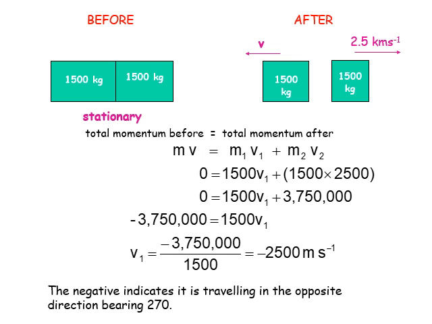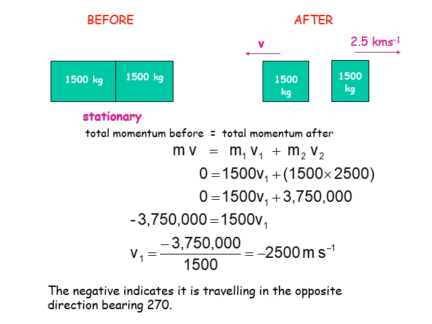And our mass times velocity before will be 0 because it's stationary, because it's at its maximum height and it's not moving horizontally, and therefore we've got 1500 times our velocity plus 1500 times the 2.5 kilometers per second, which we've changed to meters per second.